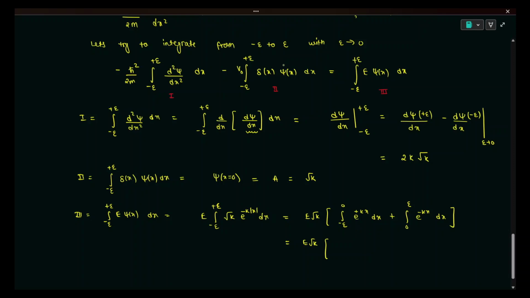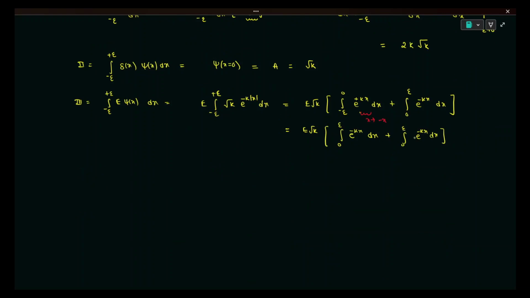So here what I'm doing, changing the variable from x to minus x, then in that case this limit will be from 0 to epsilon, and this plus kx will be minus kx. So this will become limits from 0 to epsilon e raised to power minus kx dx plus e raised to power minus kx, this will remain the same, dx.